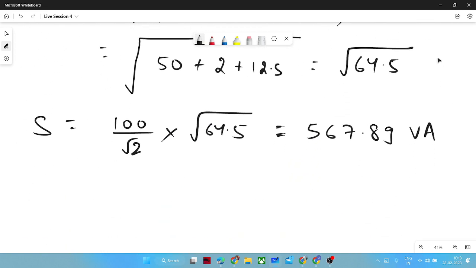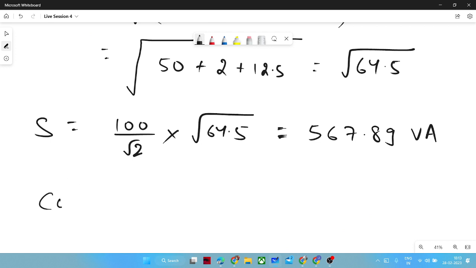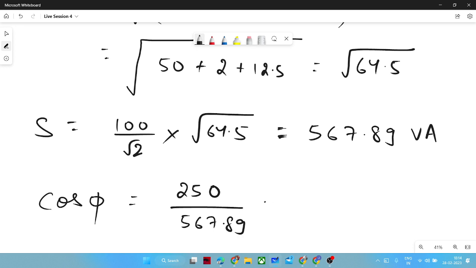So now we have everything to compute the total power factor or input power factor. That is 250 by 567.89, which you will get as roughly about 0.44, I guess. So this much is your power factor from the input side. If you need to cater a 250 watt load, you will need that much rating of supply.